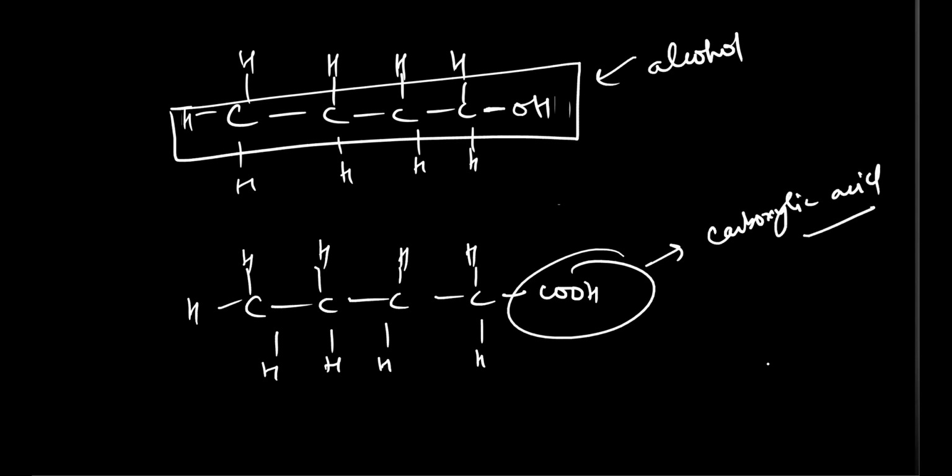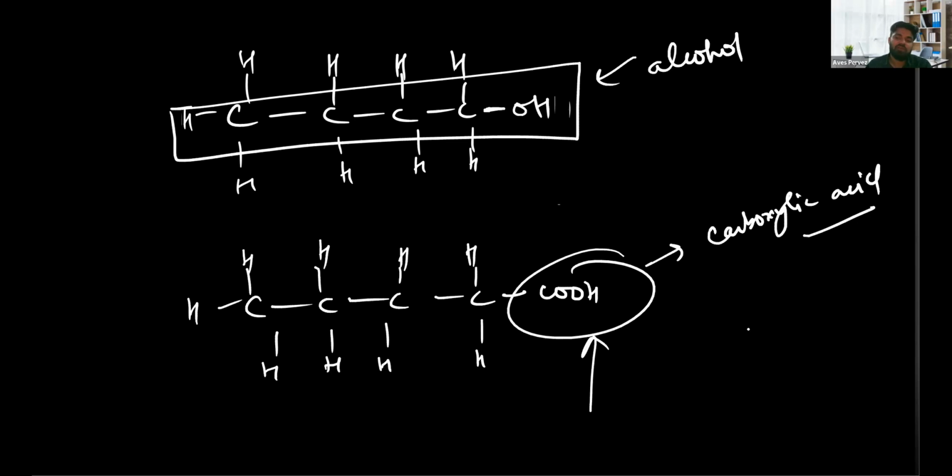So there can be an atom or a group of atoms which, when attached to a hydrocarbon chain, makes the whole chain show the property according to that group of atoms. So this group of atoms is considered a functional group.